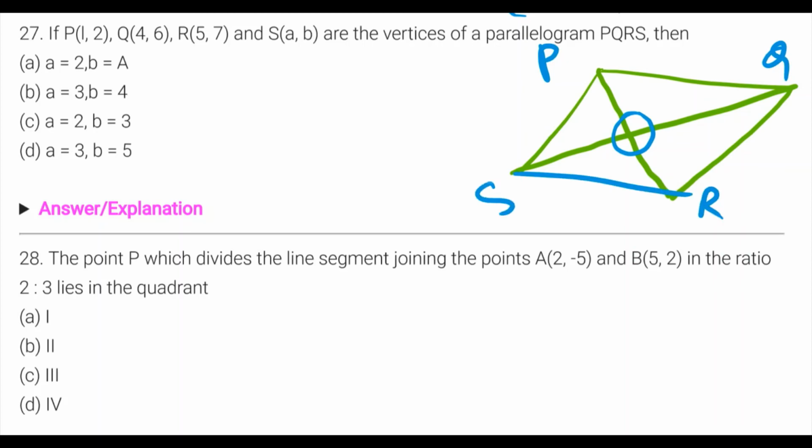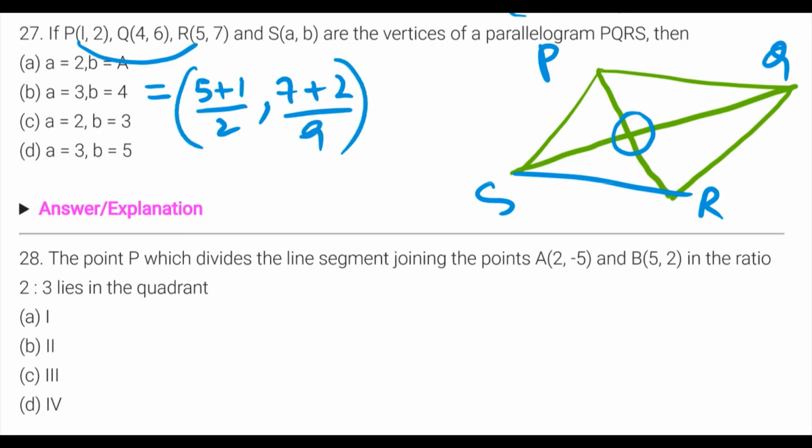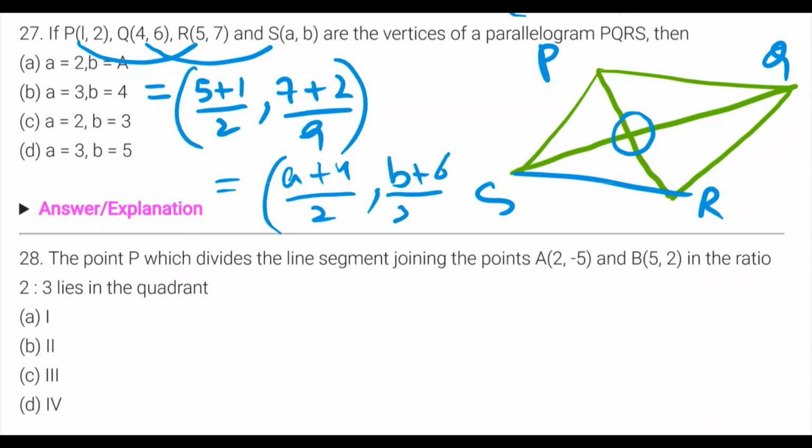Midpoint of PR equals (5 + 1)/2 comma (7 + 2)/2. So this is the midpoint of PR. Equate this to the midpoint of SQ, which is (a + 4)/2 comma (b + 6)/2. Equate the corresponding coordinates. (5 + 1)/2 equals (a + 4)/2.